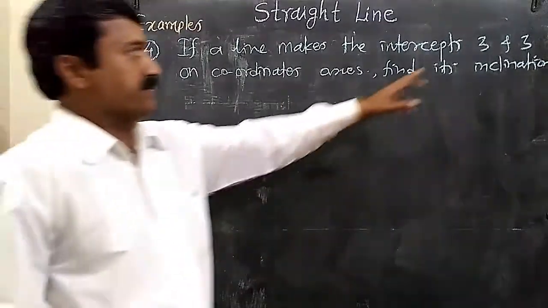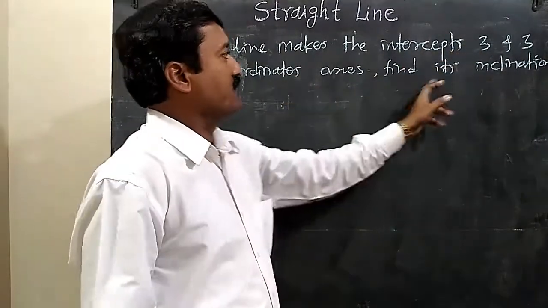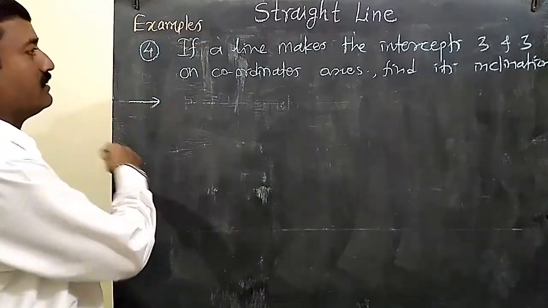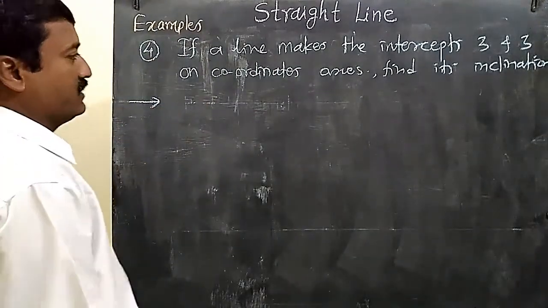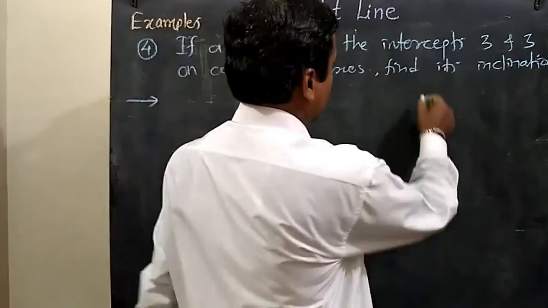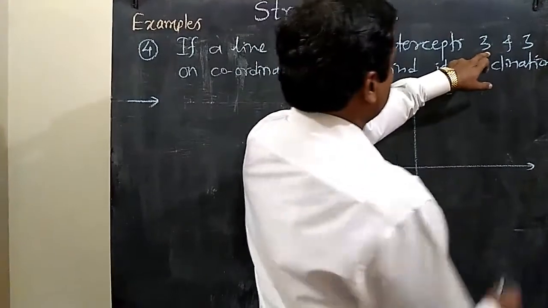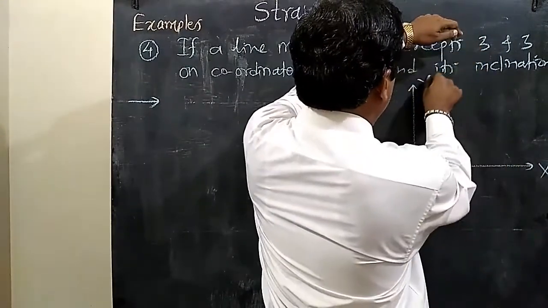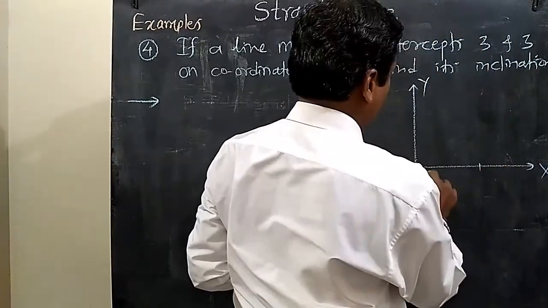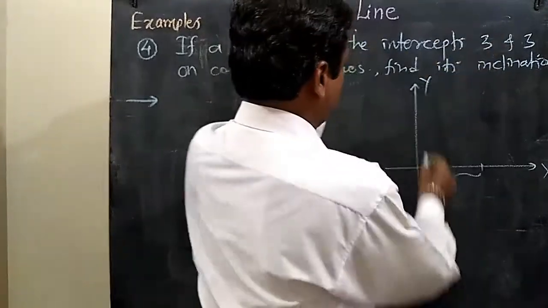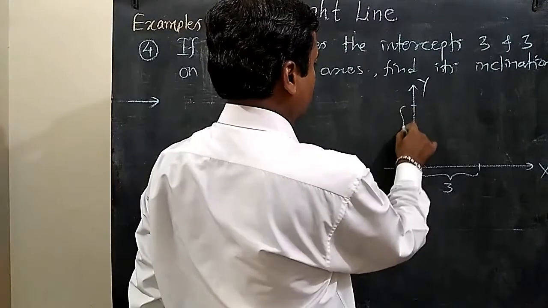In this case, intercepts are given and the question is asked to find its inclination, not the slope. So let us try to solve, draw the figure corresponding to this given information. Here the intercepts are 3, 3. So on x axis the intercept is 3. On y axis the intercept is also 3.